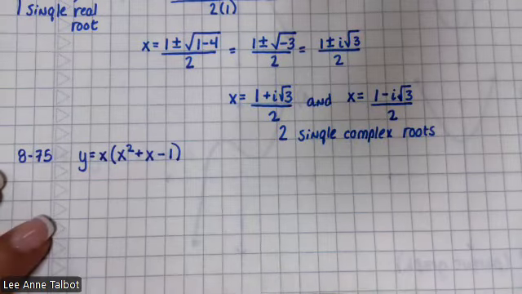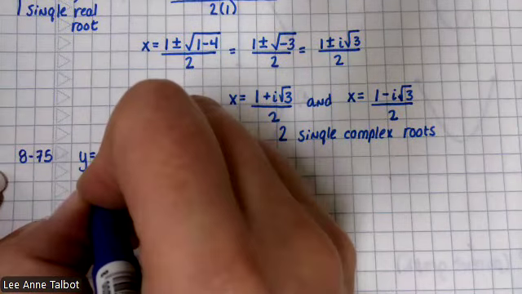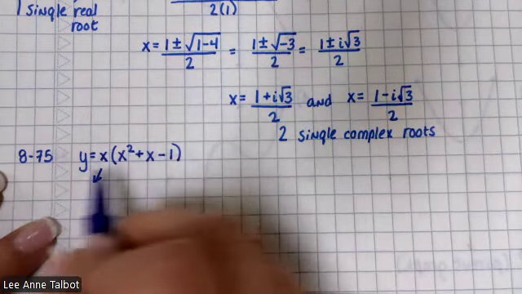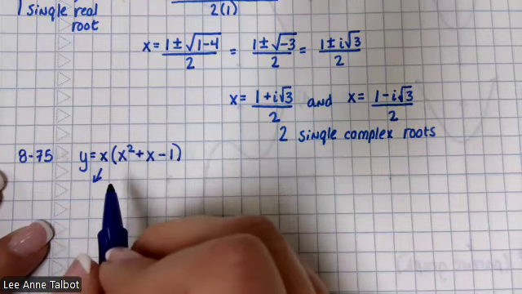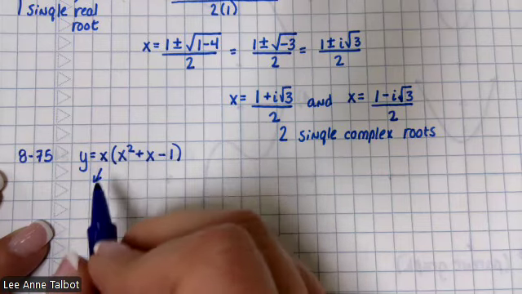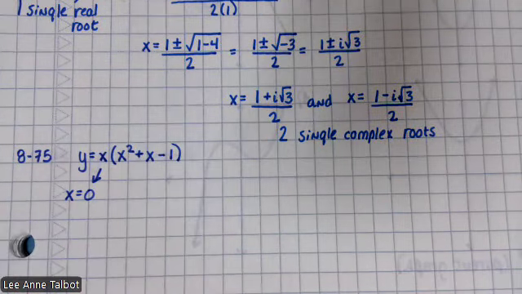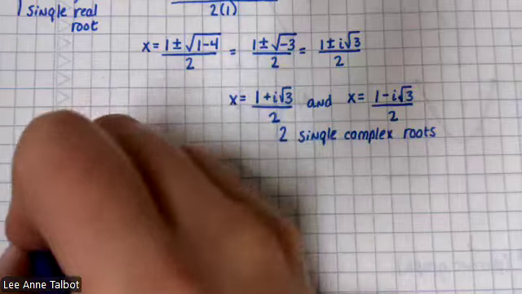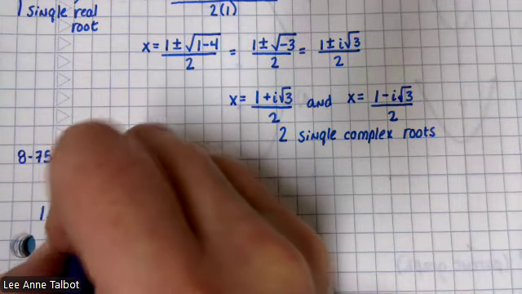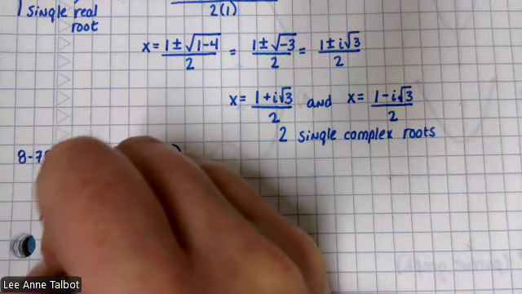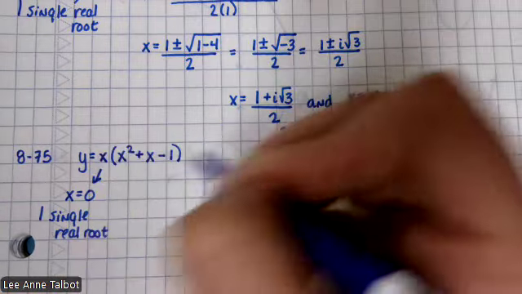Number 75, last problem. First, I have this in the front. This is factored. What type of factoring? GCF, but it's still factoring. This one is x equals 0, which is one single real root.